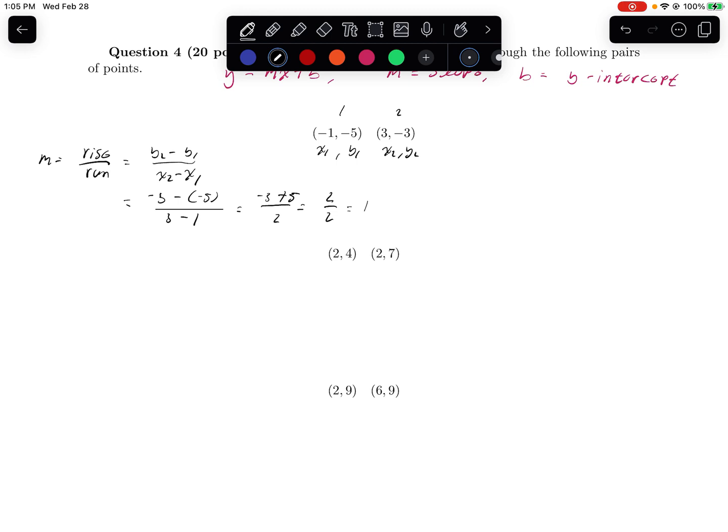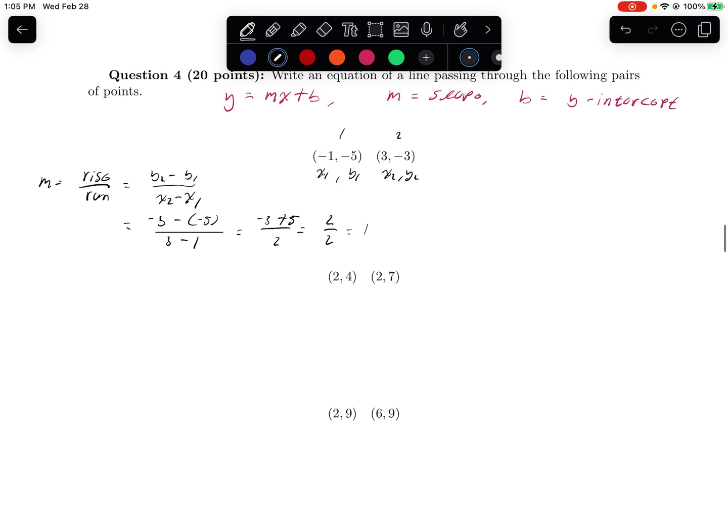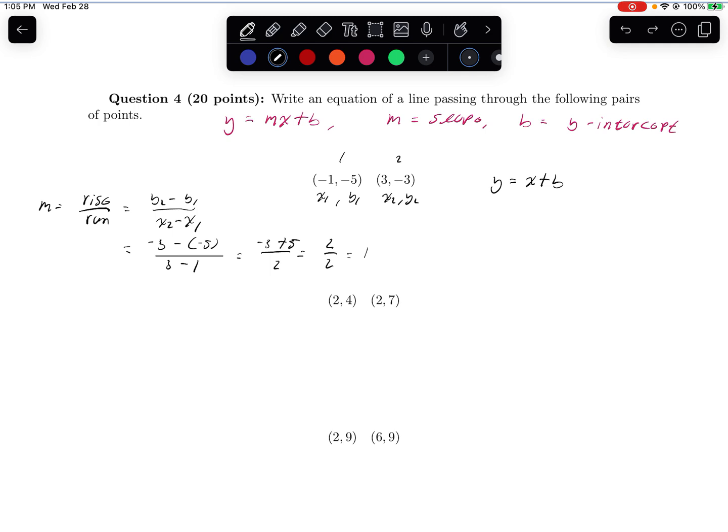So the general form of our line is going to be y = x + b. The reason it's just x is because of this 1 here. Now we can find b by taking either of these points and plugging it in. Let's plug in point 2, the x and y values.